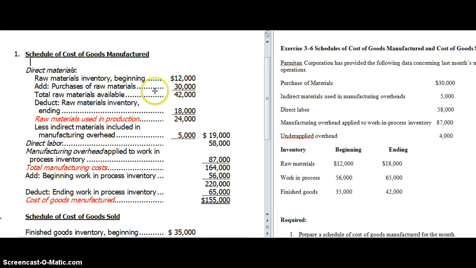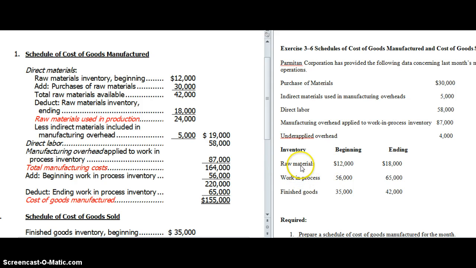Now the total raw materials which is available to the company is the beginning inventory of raw materials plus the purchase of raw materials. But this is not the direct materials that is used for production. To get the direct materials used for production, from this total raw materials available, you have to deduct the raw materials which have not been used for manufacturing, which is called the ending inventory of raw materials.